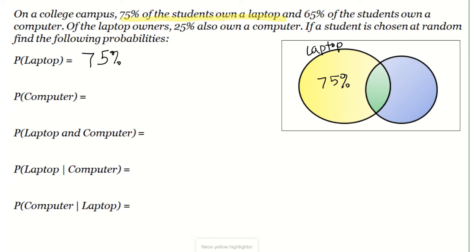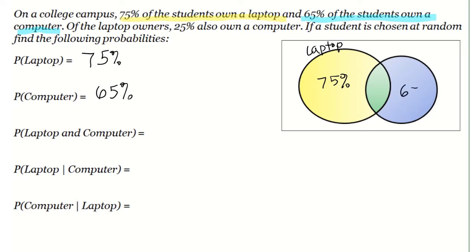Our next question is, what is the probability of owning a computer? And the problem tells us that 65% of the students own a computer. So that answers our second question: the probability of owning a computer is 65%.